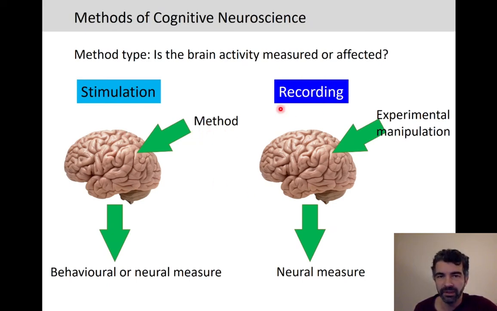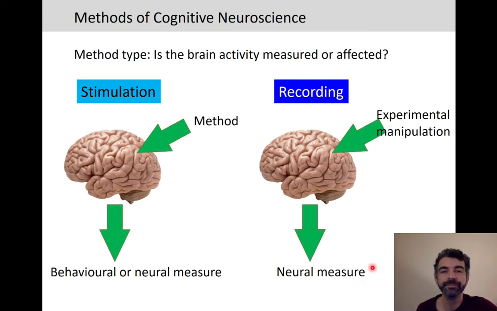A recording method would be something that we use to measure some process in the brain, and then typically it's some kind of experimental manipulation that affects the processes in the brain, and then we, as I said, only take a neural measure to see how this experimental manipulation affected the brain processes.